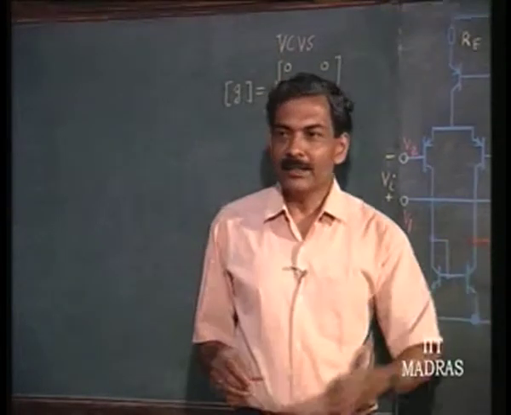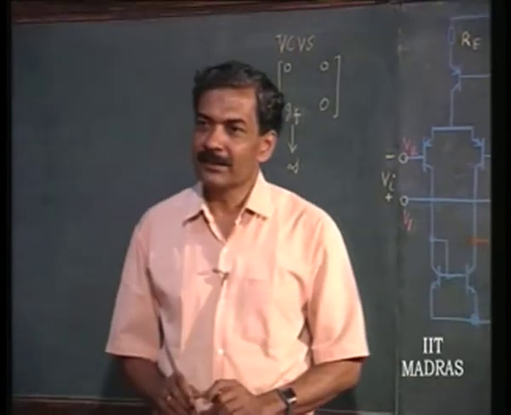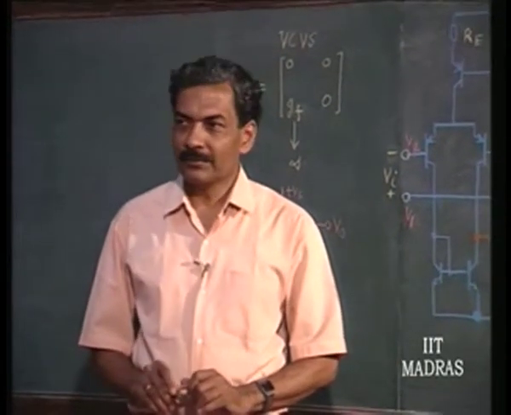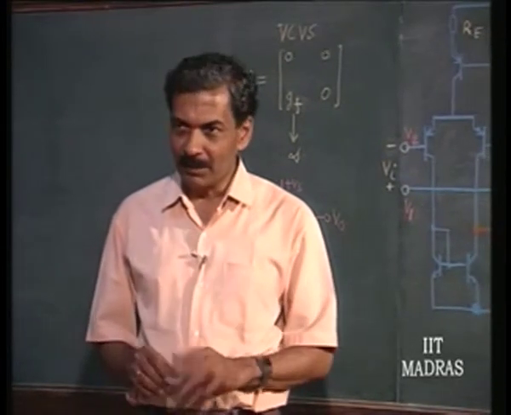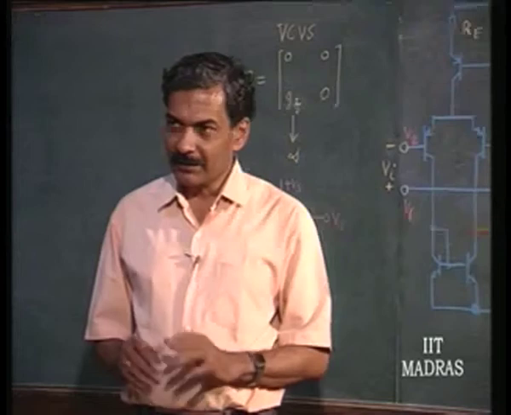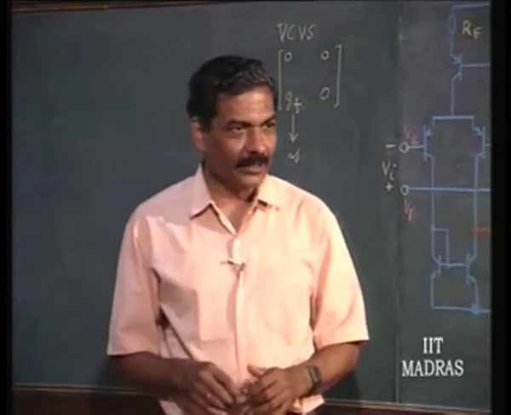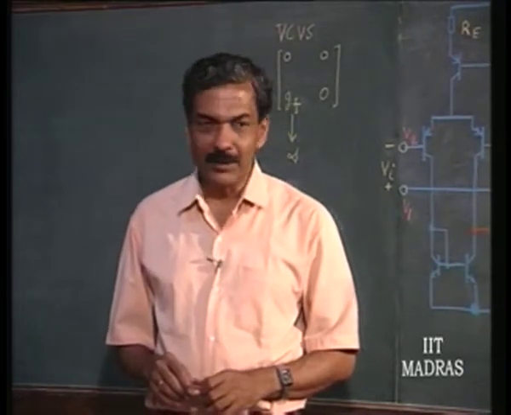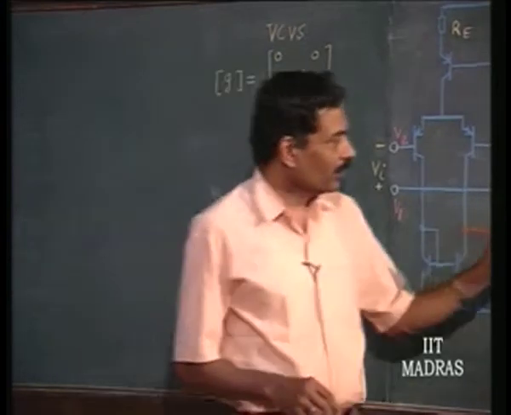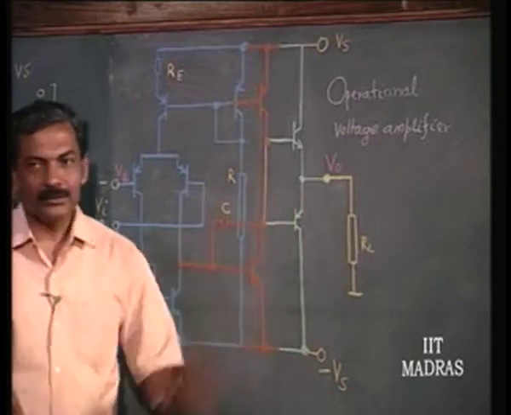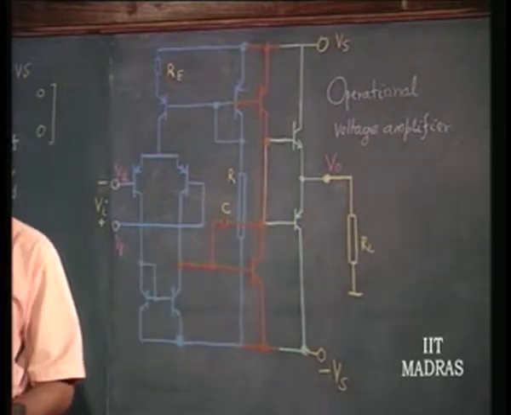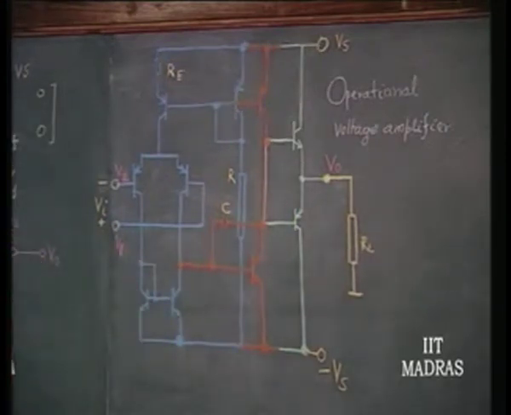Then the second stage will be retained as bipolar, because gm of a given bipolar for any operating current is going to be one order of magnitude definitely higher than that of the corresponding FET. So, this is going to be a bipolar common emitter. Next one, a good output stage with automatic short circuit protection could be a CMOS inverter itself.